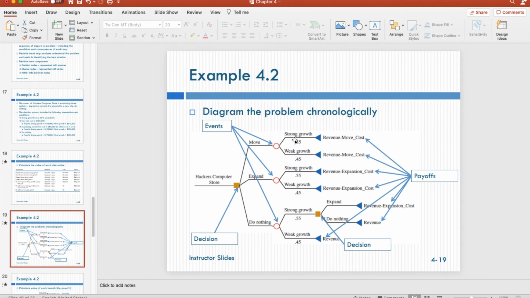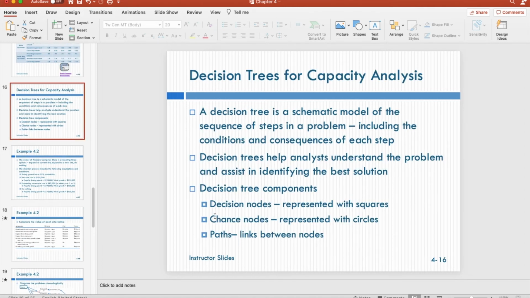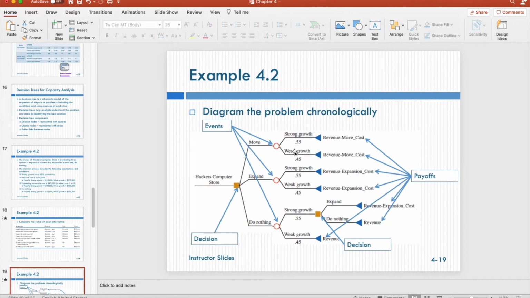No matter which decision you choose, the strong growth is always 55% and 45%. So basically the circle here is showing the chance nodes. This is out of your control.